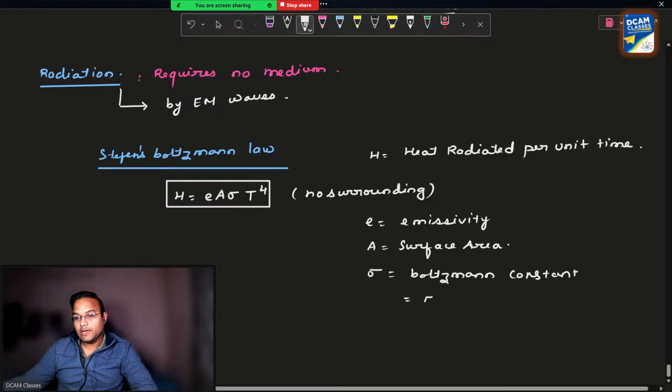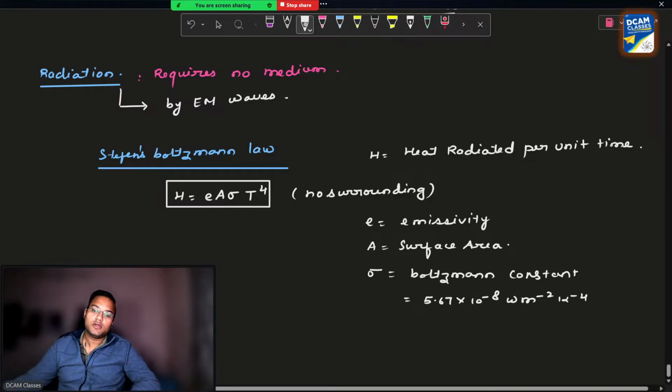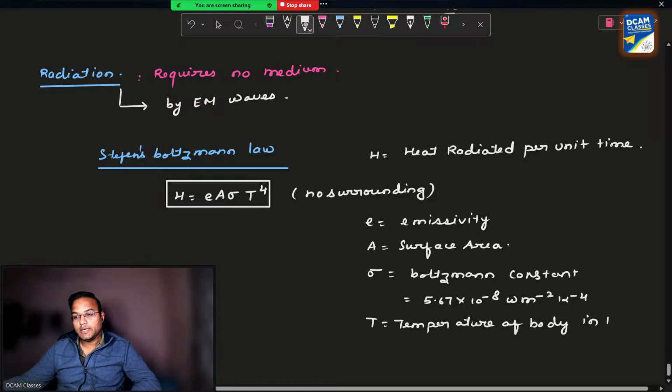The value is 5.67 into 10 power minus 8, I think. Watt meter power minus 2, Kelvin power minus 4. What is left? T. T is the temperature of the body in Kelvin.